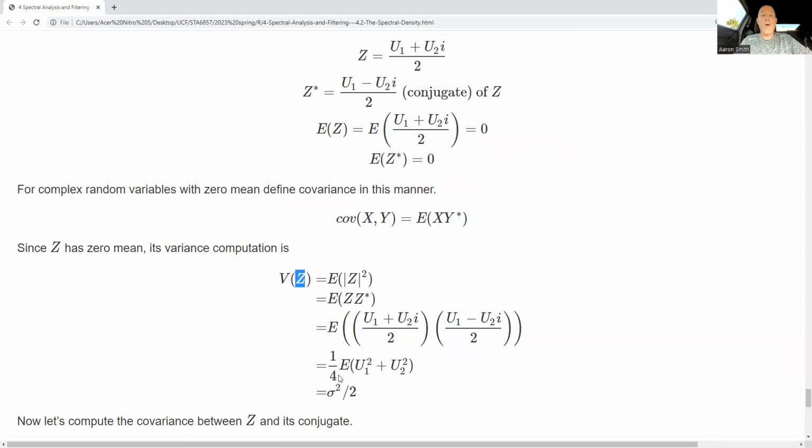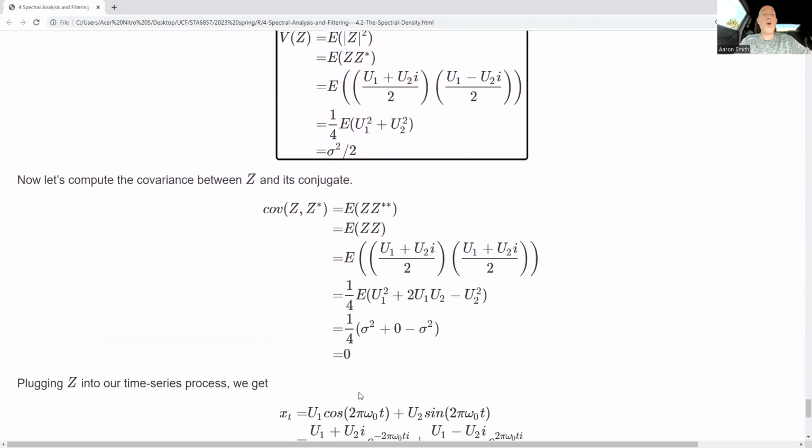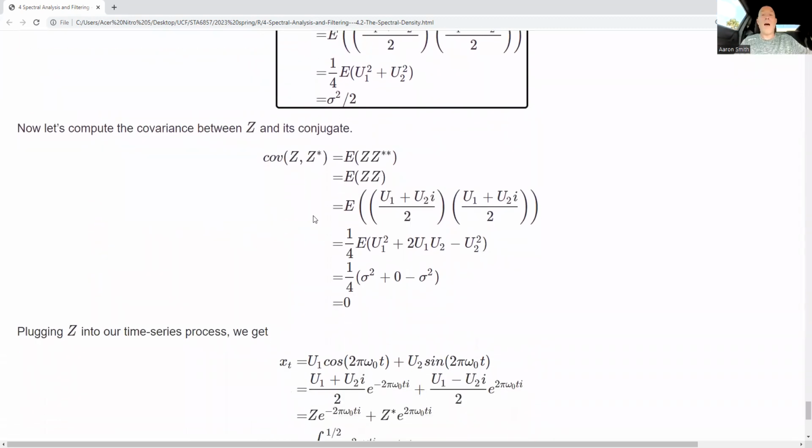And I can rewrite this out, and I can see that the variance is going to be sigma squared over 2. So that gives me the variance of Z. Okay. Now let's go ahead and compute the covariance between them. I'm using the same trick I did a moment ago, where I have Z times the conjugate of the conjugate this time. So here, remember, in the second position, I take the conjugate of the item.